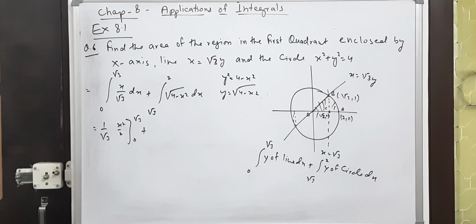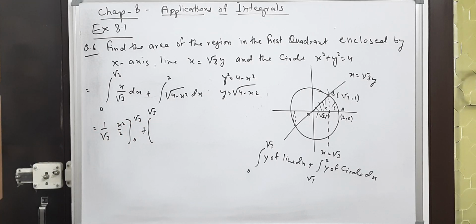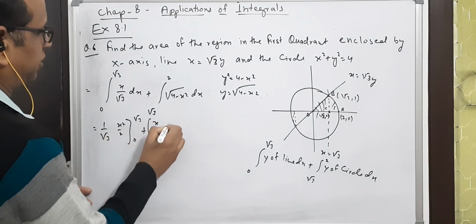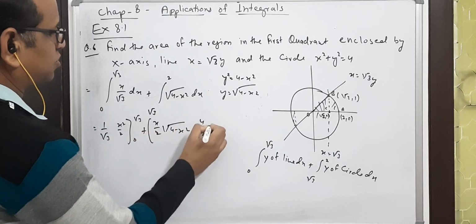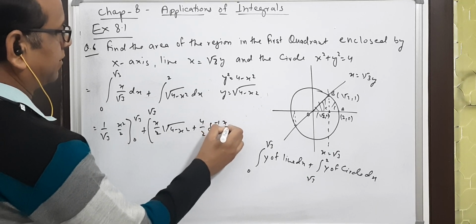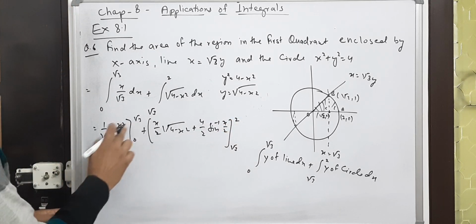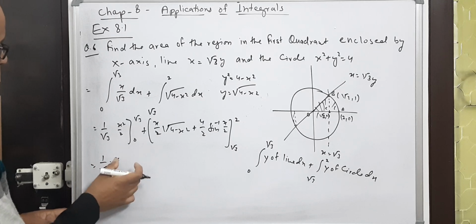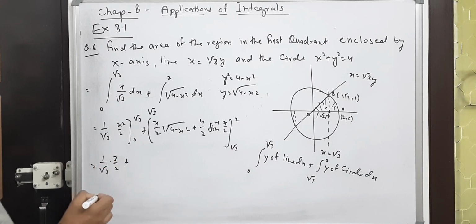For the second part, the formula will be, please see nicely now, x by 2 root 4 minus x square plus a square by 2 sine inverse x by a, and the limit is root 3 to 2. So when you put the value, it is 1 by root 3 and x square is root 3 square, that is 3 by 2, first part.